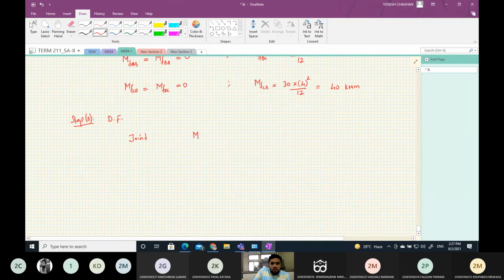Joint, member connected to that joint, stiffness of the member, let us say Ki, and total stiffness, that is sigma Ki, then distribution factor which is equal to Ki by sigma Ki. Joint A, it is connected to AB. It is hinge joint, so distribution factor is 1.